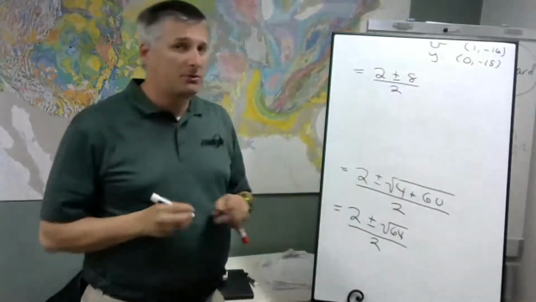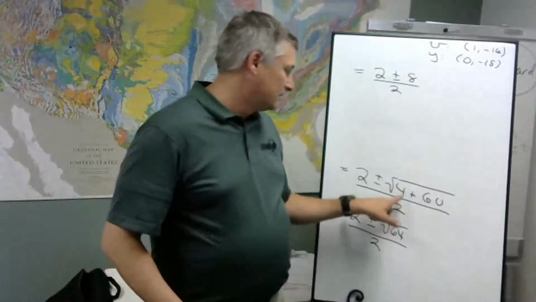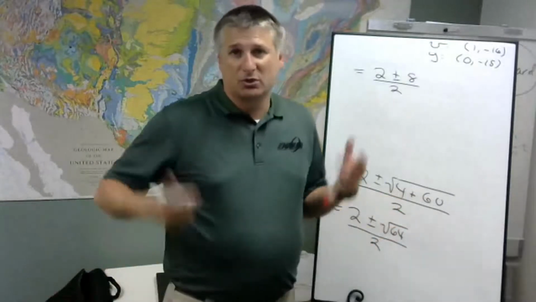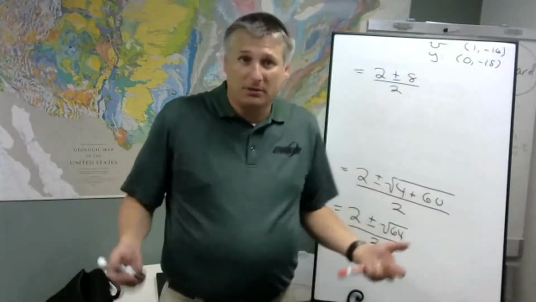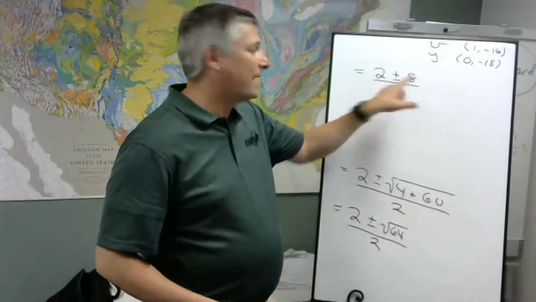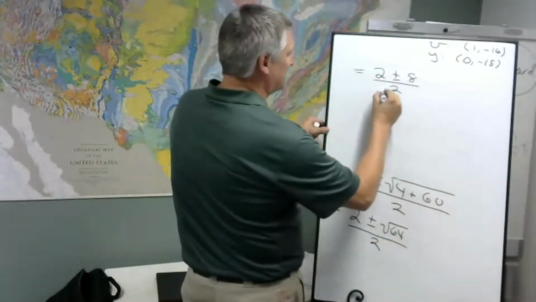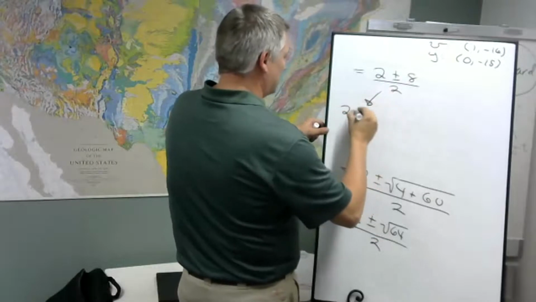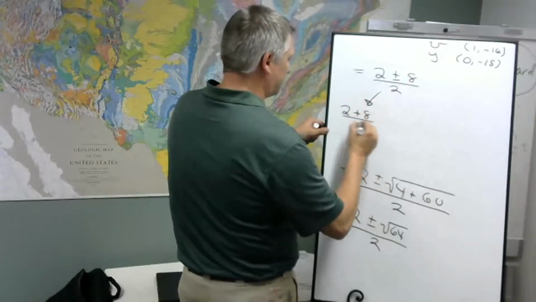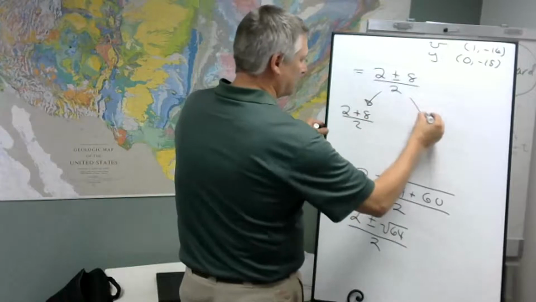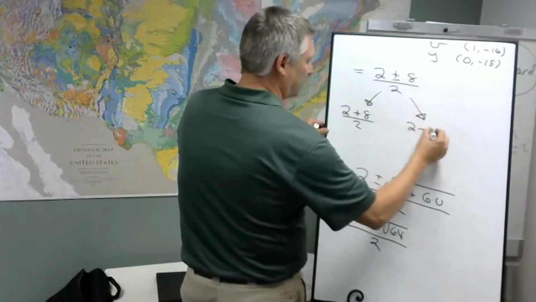So this is where we get the two x-intercepts. This turned out to be a positive number. Square root of a positive number for us is going to be, well, plus or minus that number. So it breaks down into two intercepts. One for the plus, one for the minus.